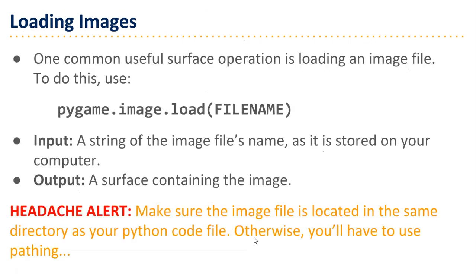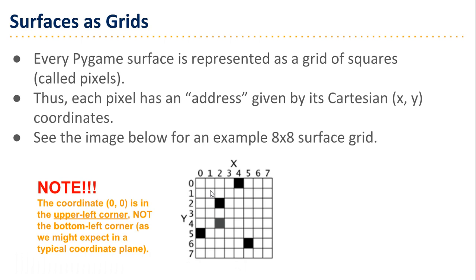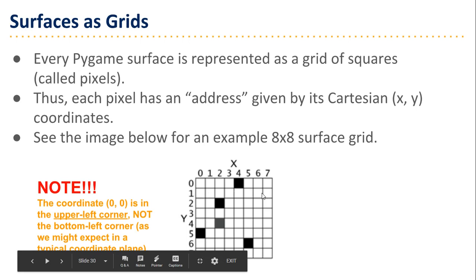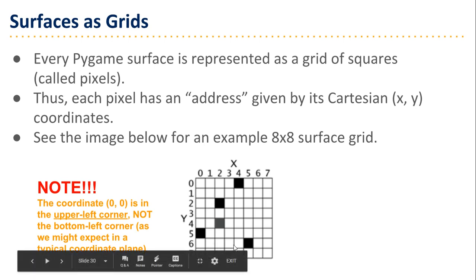So if we go back here, we look at this grid, let's say this is surface B and we want to copy surface A and we want its contents to appear here in this area, and I'm outlining with my mouse. Well, the coordinate I would pass into the blit function would be 1, 1. And then this would be the upper left corner of the surface, and then it would go down through this area.